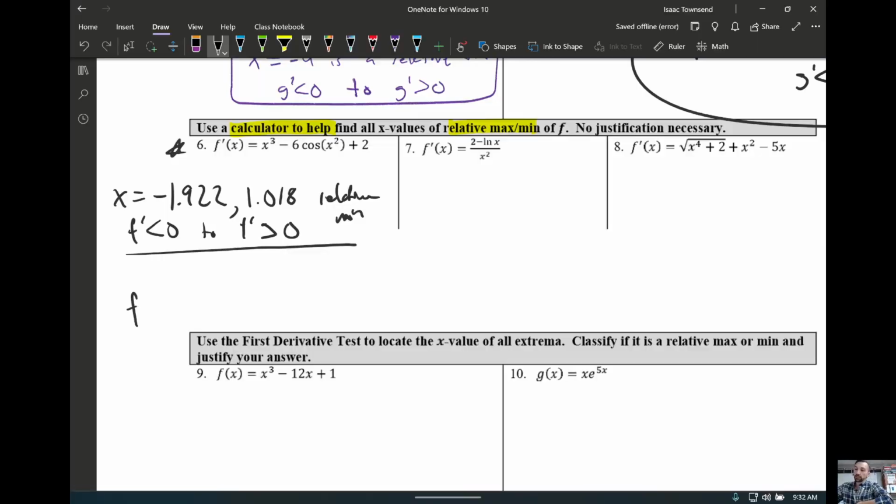So if it's going from a positive slope to a negative slope, it is a relative max, and to 3 decimal places that was -1.250. So you need to get it within 3 decimal places accurate. Don't just do the eyeball test. But as long as you're reading those graphs correctly, positive values above the x-axis, negative values below the x-axis, you should be okay there.